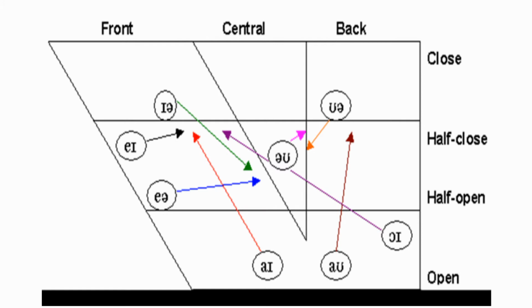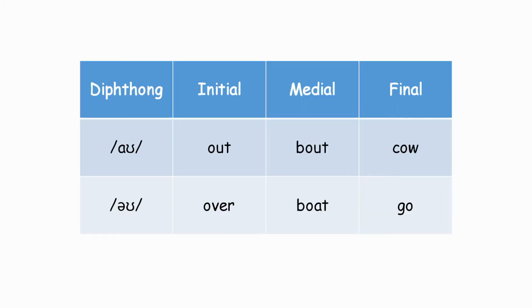Now let's see the examples in which this diphthong occurs. This diphthong ow happens initially, medially, and finally. Initially, it occurs in the word out. Generally, we pronounce this one as a plain vowel, but it is a diphthong.